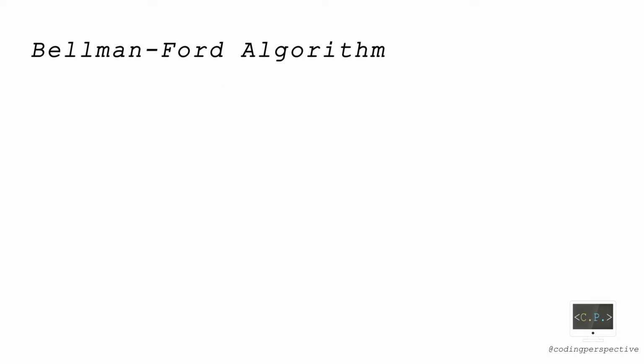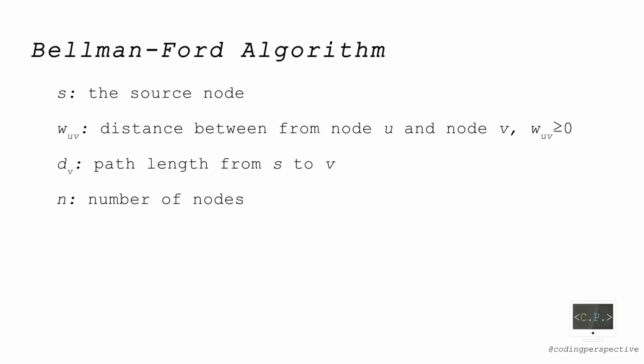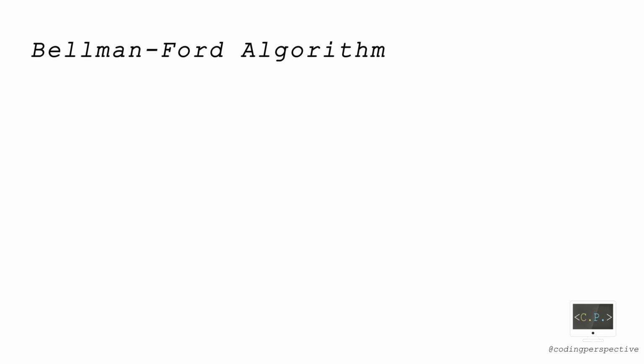For example, Bellman-Ford algorithm. Before explaining Bellman-Ford algorithm, here's some notation. S denotes the source node, and W_UV denotes the distance from node U to node V. Also, d_V denotes the length of the path from source node to node V. Lastly, the number of nodes is denoted by n. The algorithm basically relaxes each edge n-1 times because a path can consist of at most n-1 edges.